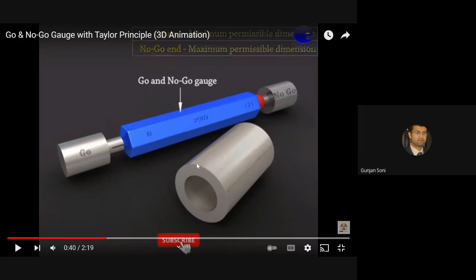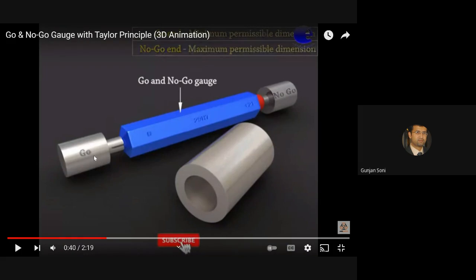Let's say I have produced a hole. You see over here, the workpiece has been made, a cylindrical hollow workpiece, and I want to test the internal diameter of the workpiece which is produced. So I can use a plug gauge. This is called plug go and no go. Why plug? Because it's being used as a plug to go inside the hole.